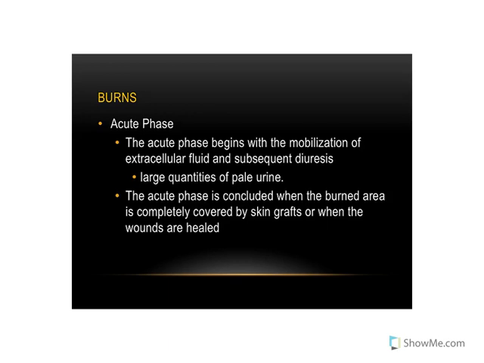So once you move beyond the whole airway, breathing, circulation, nutrition, wound care, we're going to start into this acute phase. So the acute phase begins with the mobilization of urine. Initially you're going to have large quantities of pale urine, and hopefully then you'll get rid of all the bad stuff, so you may end up with that really dark black, red urine, and then hopefully once we get all that flushed out of your system, you'll start seeing normal urine.